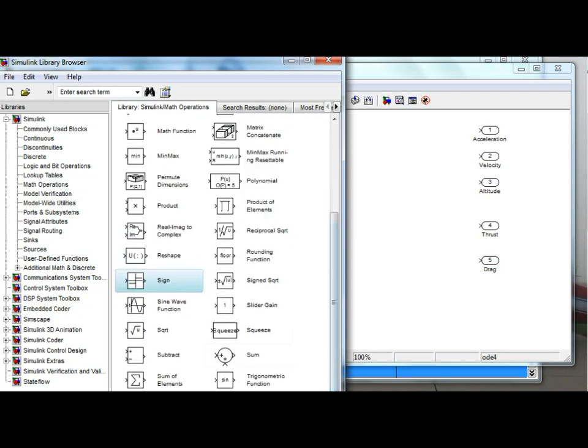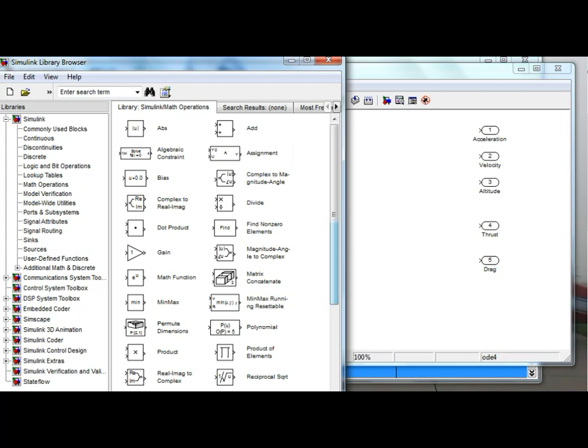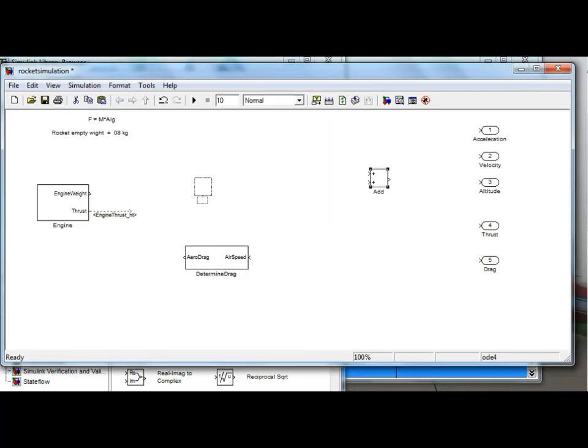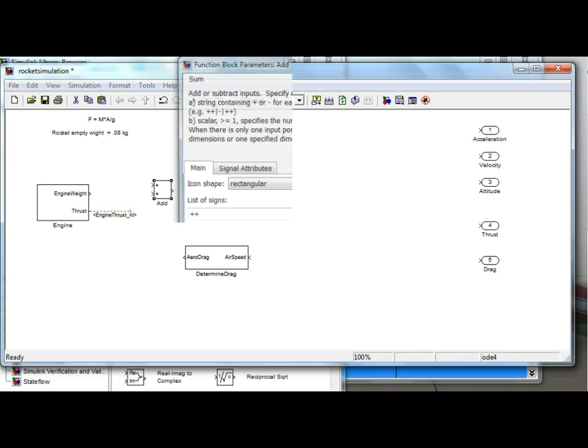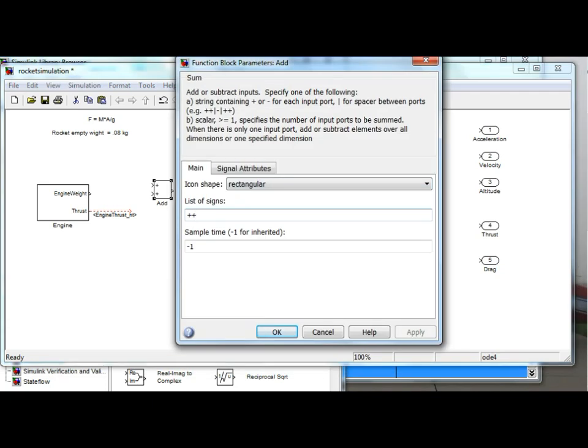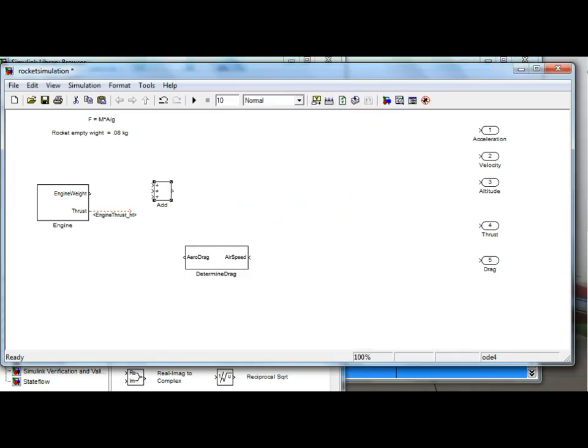Actually, the sum block is this round one, which is kind of weird in this thing. So I'm going to pick up add. So I'll go A for add. Drag this over. Now I'm going to have three things in there. Plus, plus, plus. Now I'm adding three forces.